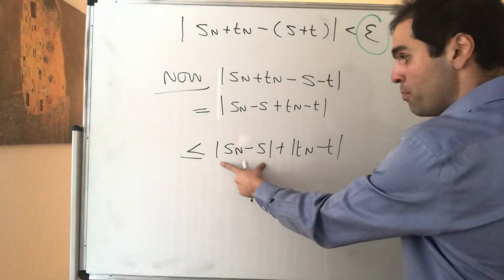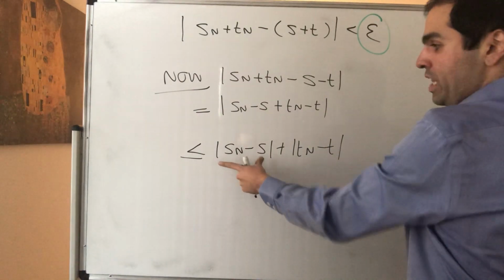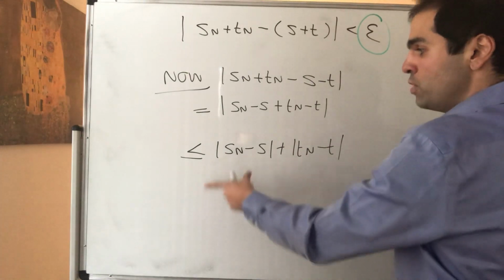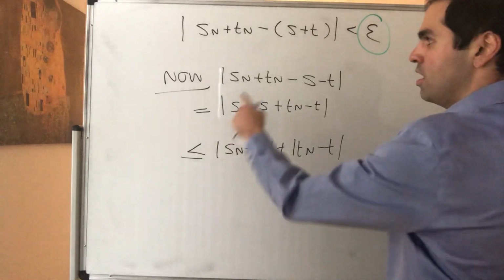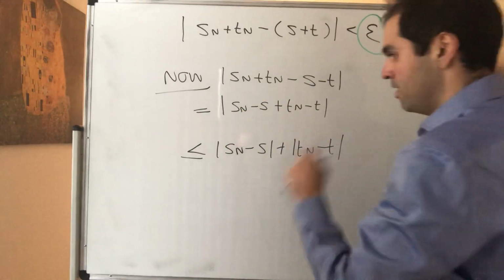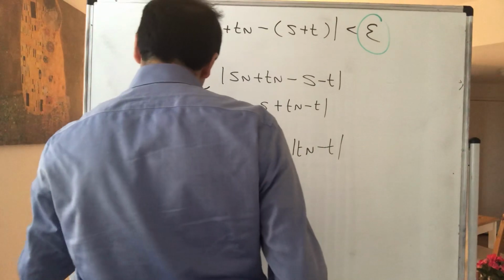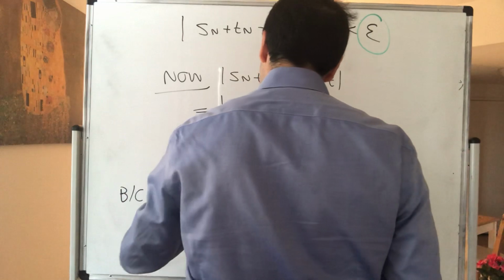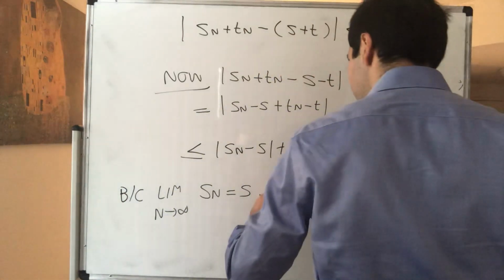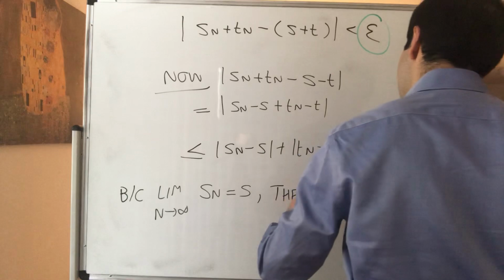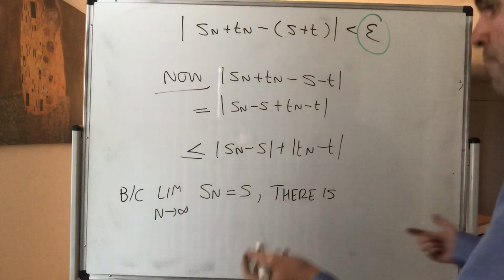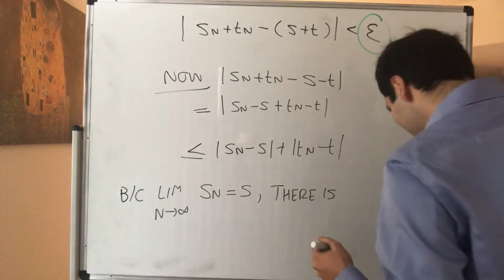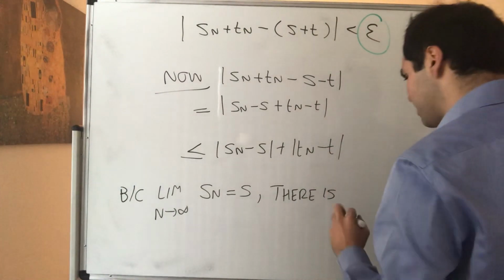But now, remember, we do know that Sn converges to S and Tn converges to T. So basically, we know that this is small and this is small, which will imply that this will be small. So, because the limit as n goes to infinity of Sn equals S, we know that there is, well, usually we write capital N, but now we just want not to write capital N 3 times, and to emphasize those are not always the same constants.